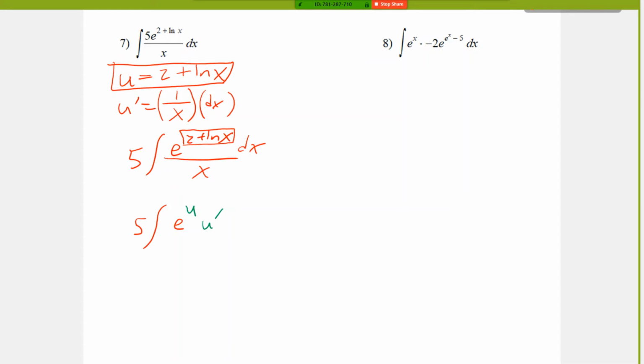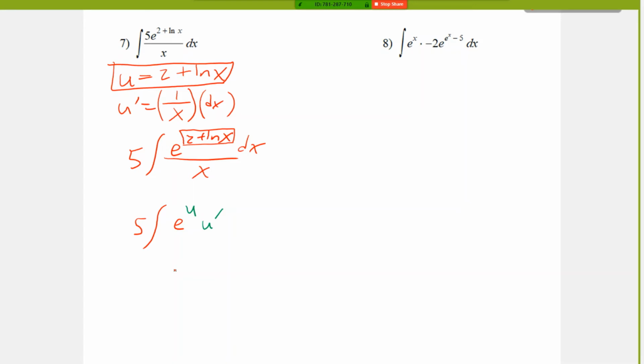It's just going to be like 2 plus ln x times 1 over x. Let's not worry about substituting just yet. So I'm going to leave this in terms of u. What would I have to derive in order to get e to the u times u prime? Okay, I'm going to grab somebody to help us out.